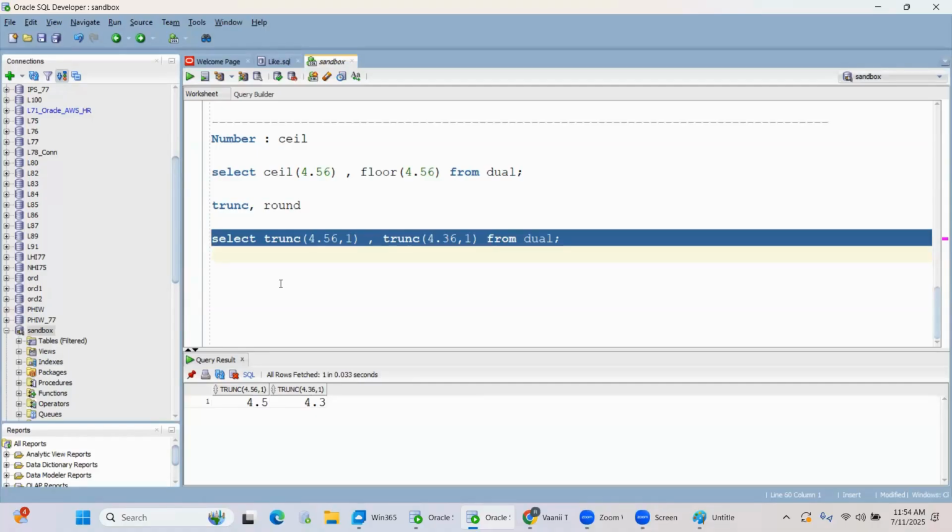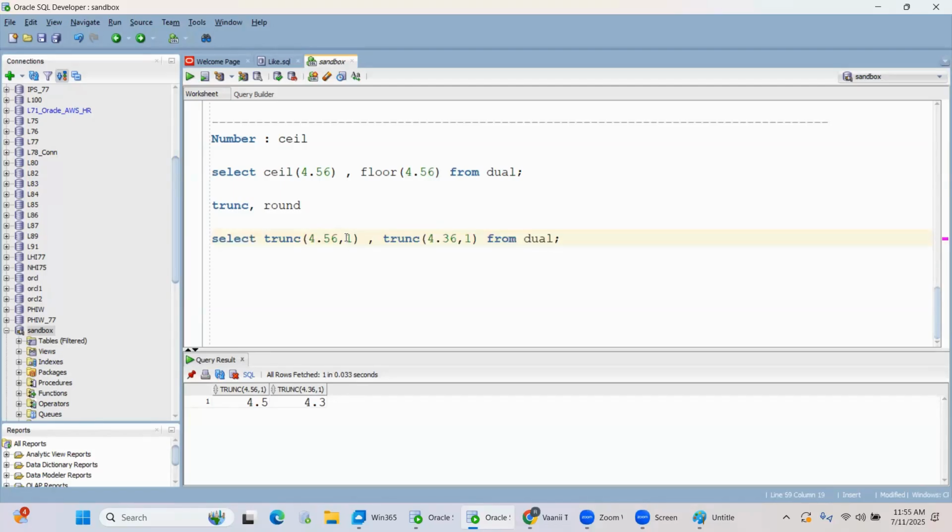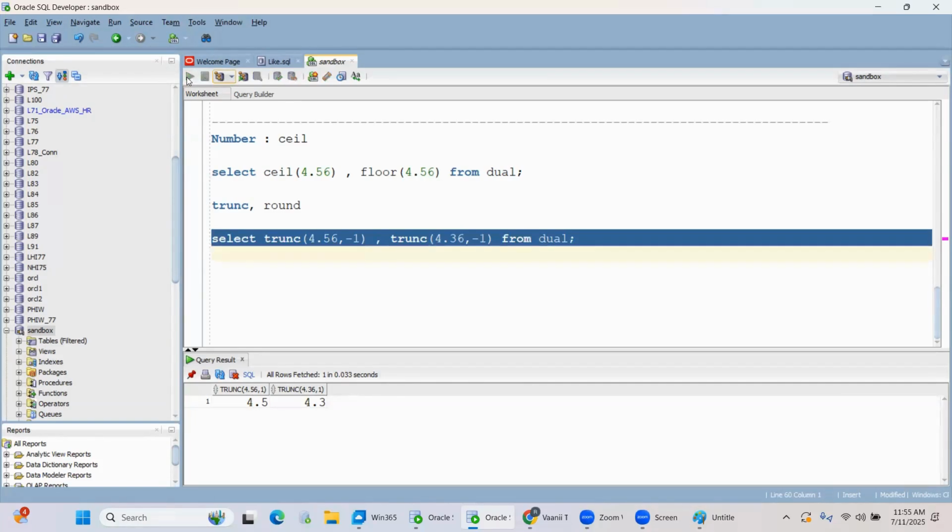If it is written 2, it means it will keep both 5 and 6, right? Correct, of course. But I have not explained the minus part. I'm leaving it to you guys. So let's run this one also and see what is happening.